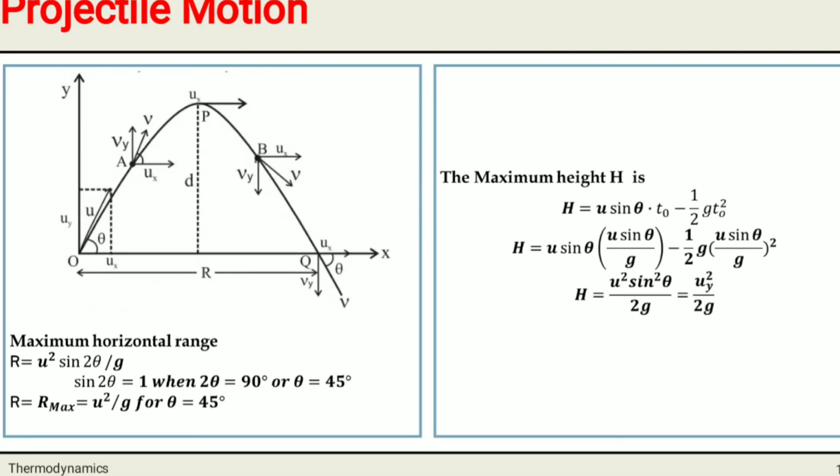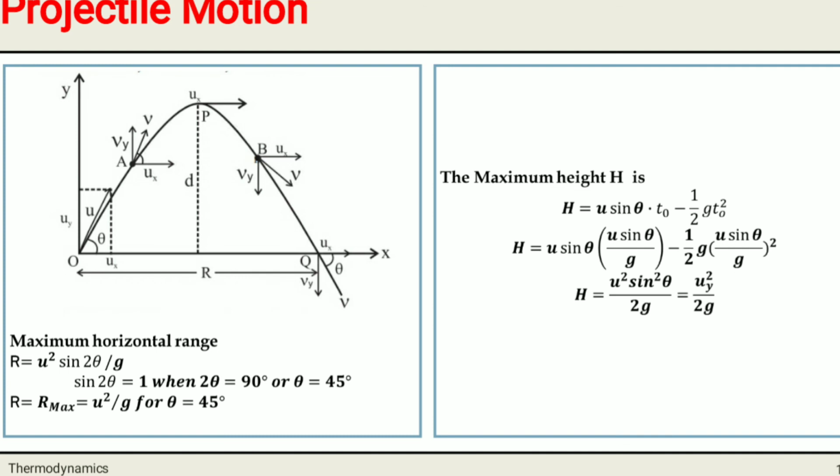Okay. Next point is the horizontal range. You have calculated this equation. The maximum horizontal range R is equal to u square sin 2 theta divided by g. You will get the value of R maximum when sin 2 theta is equal to 1, and sin 2 theta is equal to 1 when 2 theta is equal to 90 degrees, or theta is equal to 45 degrees.